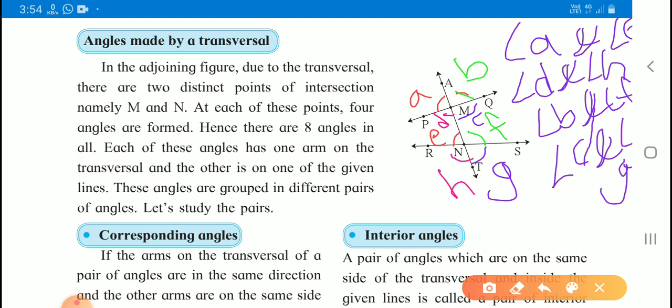These are the pairs of corresponding angles.